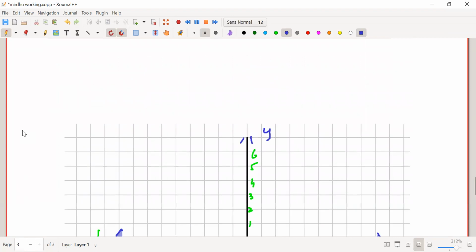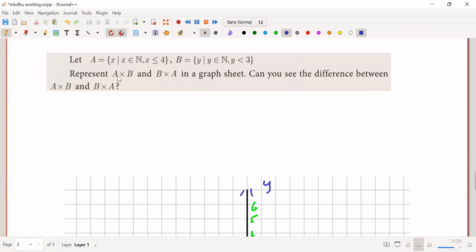Okay. Now we have the bigger size also. So what is set A? 1, 2, 3, 4. What is set B? 1 and 2. All right.